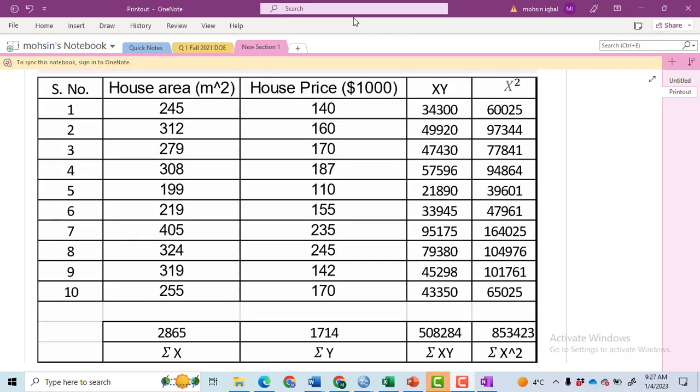So xy will be calculated by multiplying, this is my x house area and house price is my y. When we multiply x by y, these two cells, I will get 300. Likewise, I multiply 312 with 160, we multiply all of them. In order to save time, I suggest you do not write the whole thing in an exam or an assignment.